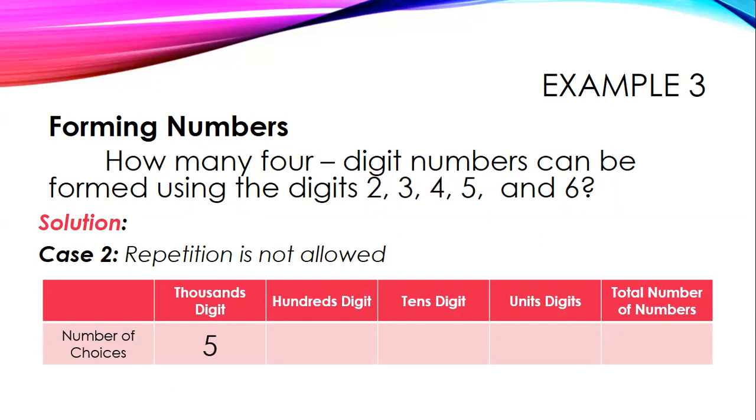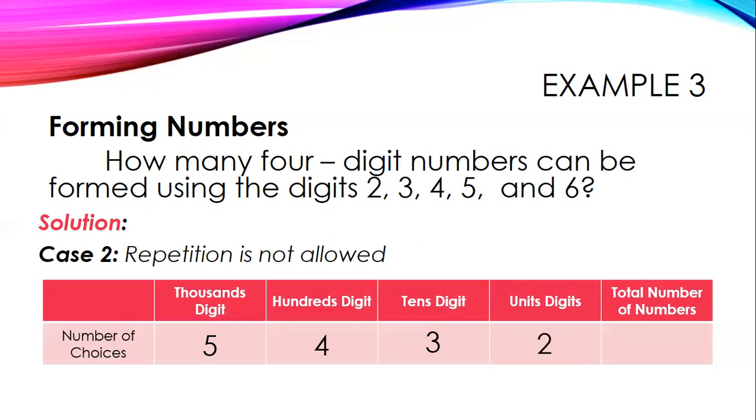Okay, since 5 na kay thousands digit, ilang choices na lang ang matitira kay hundreds digit? Since hindi pwedeng umulit yung number na nailagay na kay thousands digit, meron tayong 4. Tens digit, we have 3. Units digit, we have 2.